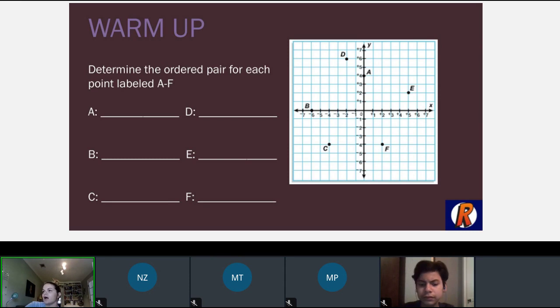All right, so I want to do a warm-up. This goes back to when you might have learned to write coordinates of ordered pairs, but we're going to go over it really quick. So ordered pairs are written as x, then y. You're going to start at your origin, or 0, 0. Good.